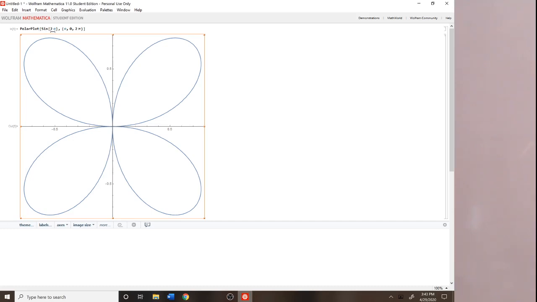So if angle is 0, sine of 0 would give us a radius of 0. So one of our starting points should be here for theta equals 0. And then the other angle is going to be pi over 2.